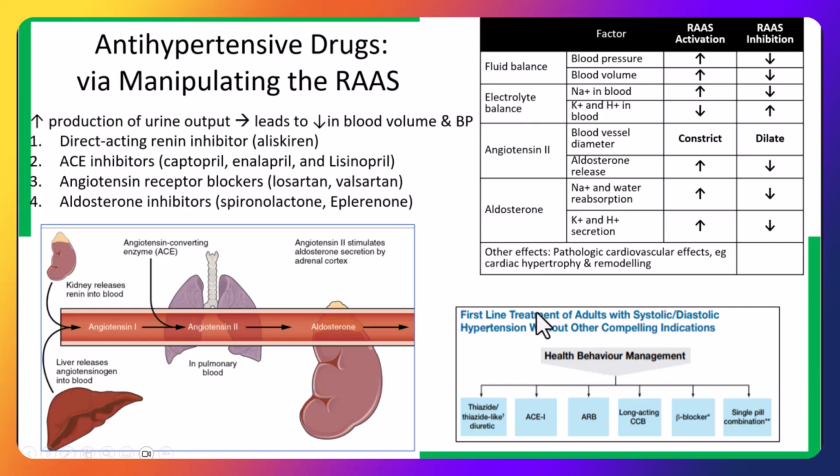The reason for that is because if the heart has to work harder, it will eventually remodel and get bigger to do its job properly, which is considered pathological. So blocking this system helps protect the heart and kidneys long term in certain situations.